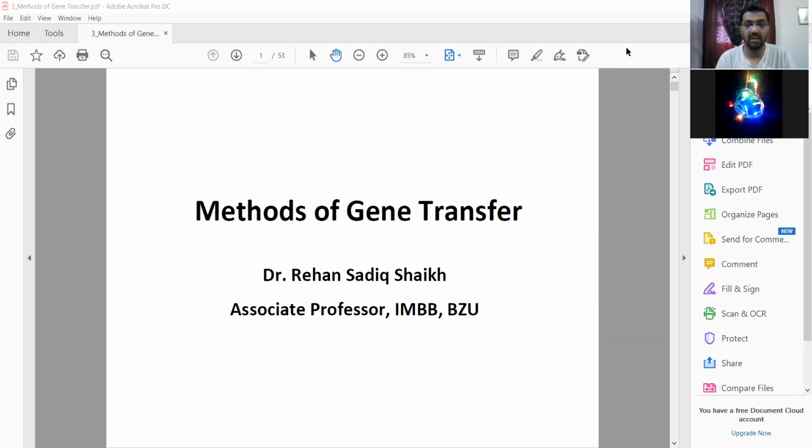For transferring those recombinant plasmids or vectors back into living cells, we need different techniques, and today we'll be discussing those methods.